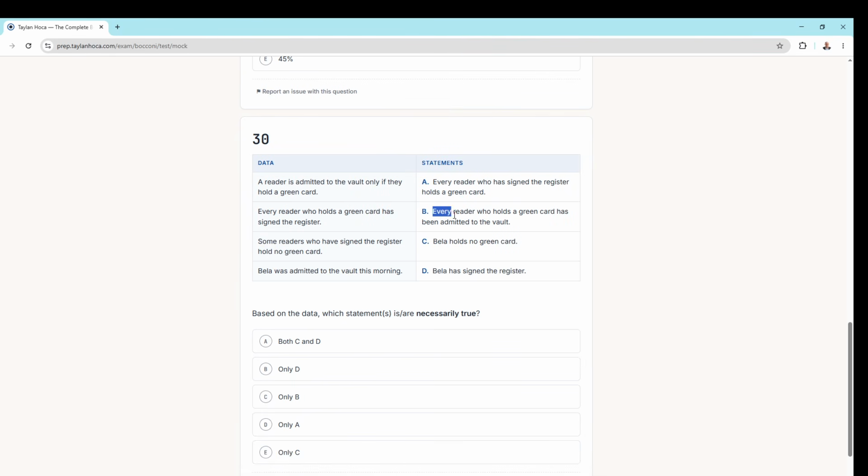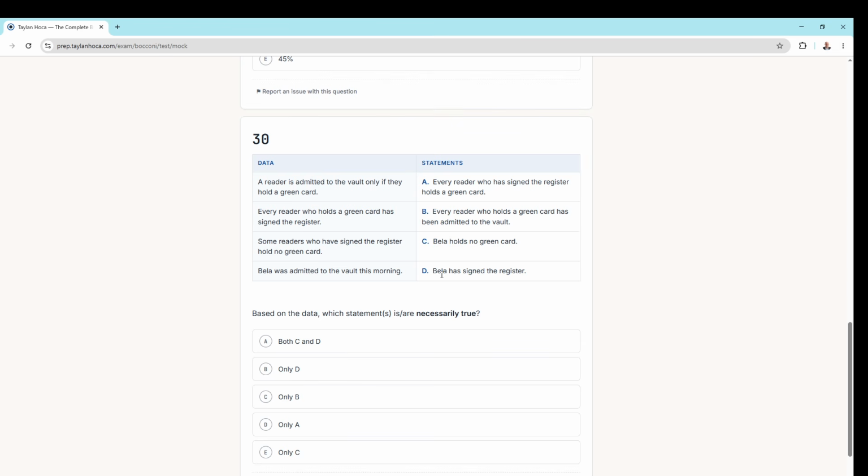So every reader who holds a green card has been admitted to the vault only if they hold a green card. So it is, yeah, only if. It seems true. Bella holds no green card. No, it cannot be, because Bella was admitted, so therefore Bella holds a green card.